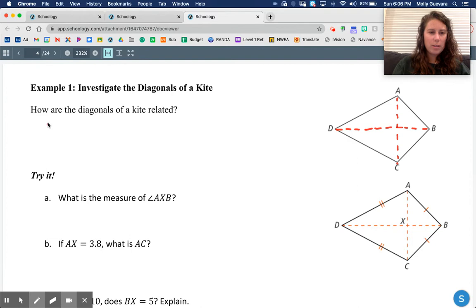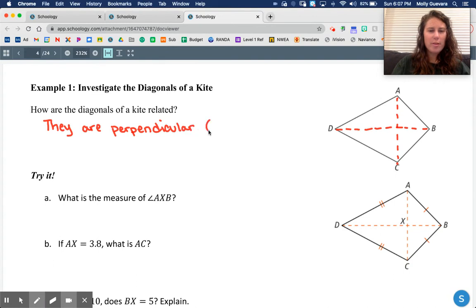The first thing we can say is that they are perpendicular. Remember the symbol for perpendicular is that upside down capital T. That tells me they cross at 90 degrees.